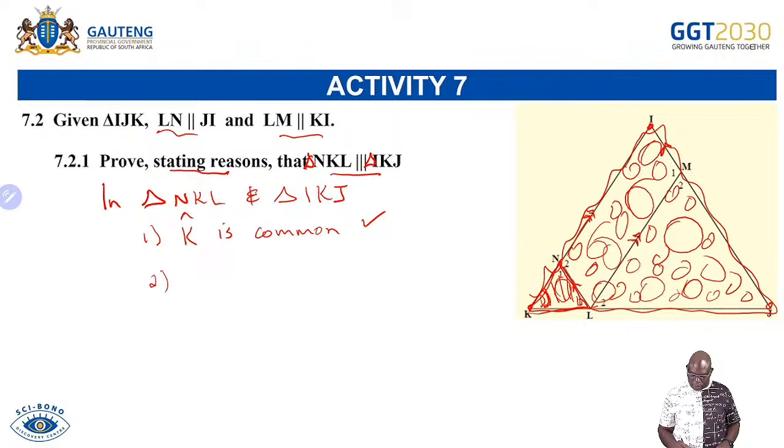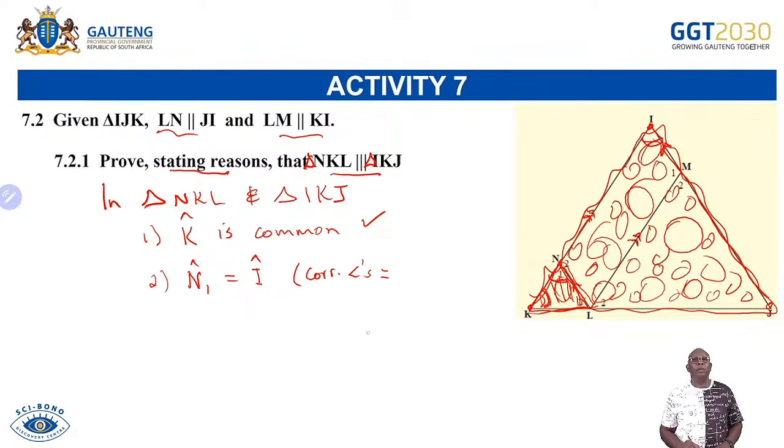This line here is parallel to this line. So parallel lines, I know that alternate angles, corresponding angles, co-interior angles. In this case, N1 and angle I are equal. So I'm going to say N1 equals angle I. And these two are corresponding angles.